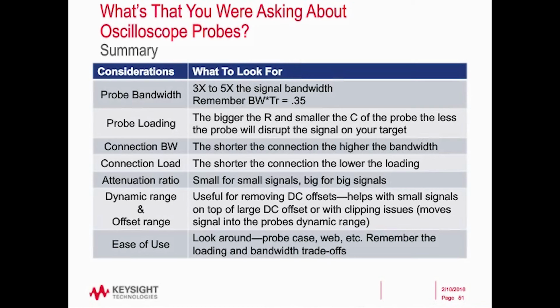Remember that offset is very helpful for moving the DC content from the signal, so you can move it down into the linear range, and you can fill the screen with the signal. This is helpful for big signals, or if you've got small things like noise and ripple on a supply, and you want to move it down into the center of the screen so you can zoom in on it. And of course, like ease of use, look around, see what you've got, but remember those loading and bandwidth trade-offs that we talked about.